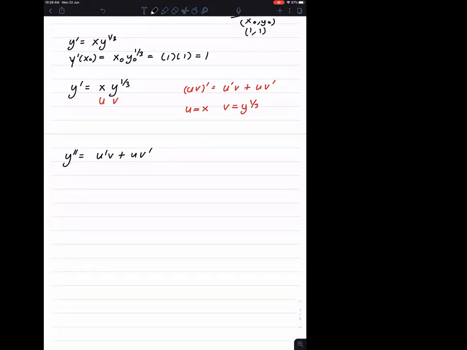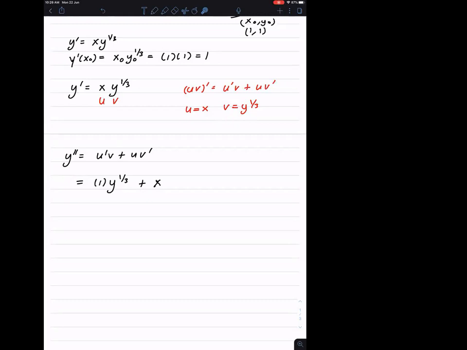U is x, so U prime is 1. V is y to the 1/3. U was defined to be x. V prime: you take the derivative of V, which is y to the 1/3.